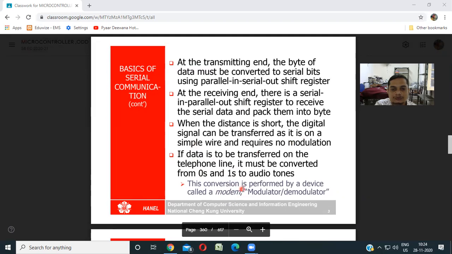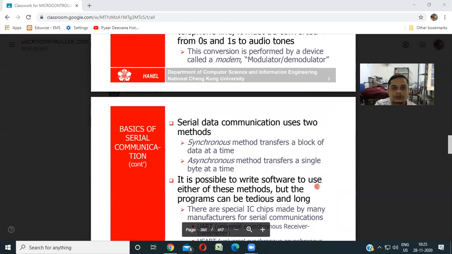Modem stands for modulator and demodulator. Is it clear? So we covered serial communication, parallel communication, the use of the modem and the requirement of the shift registers.